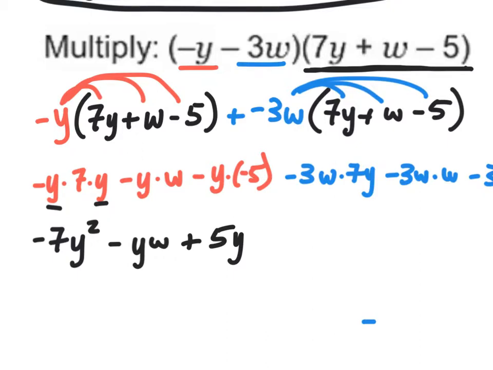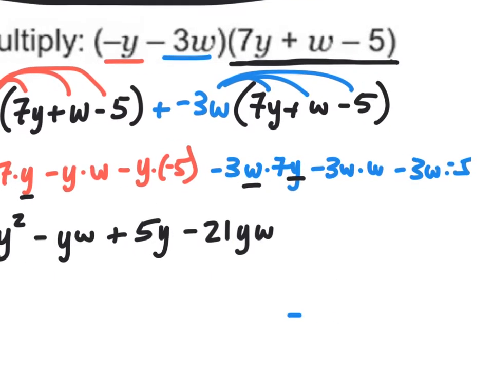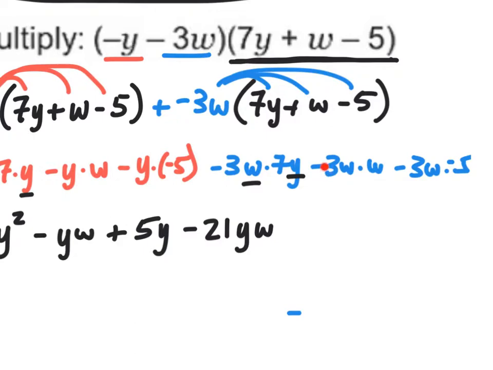Now over here I've got negative 3 times positive 7, so I'm going to get minus 21, and then y times w is just going to give me yw. On the next one, we've got negative 3 times w, so that's going to give me minus 3w squared. And then negative 5 times negative 3 is going to give me plus 15w.